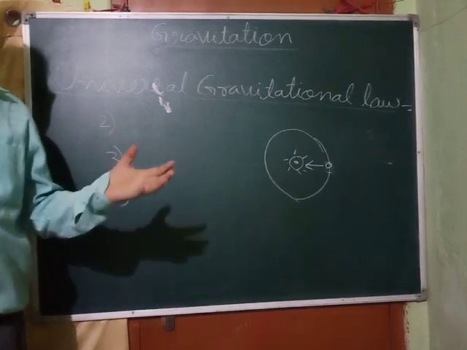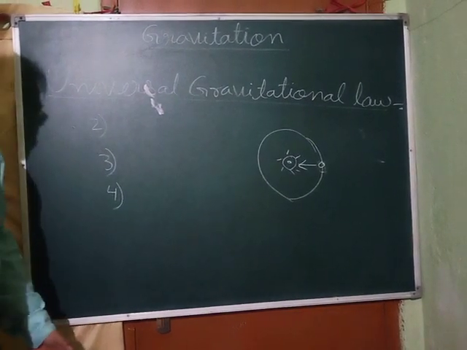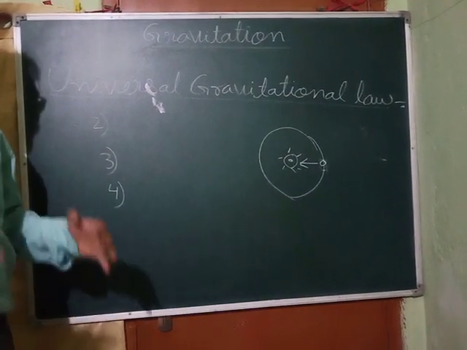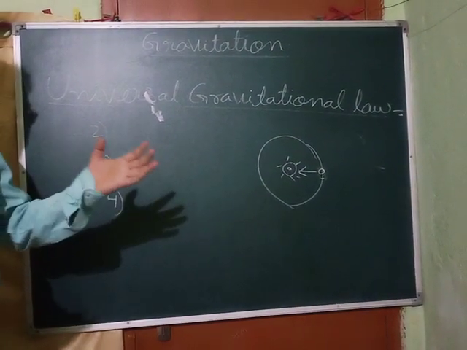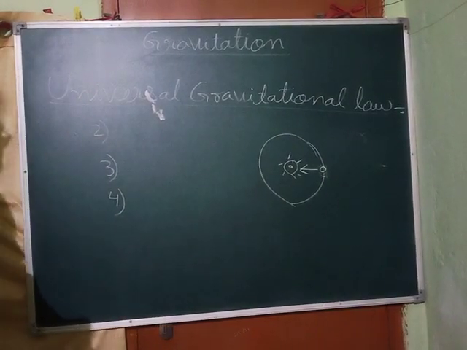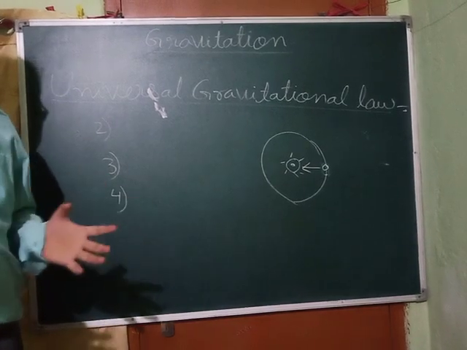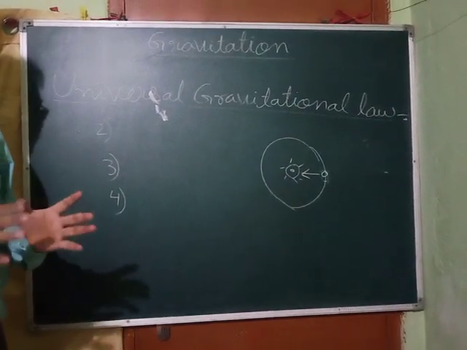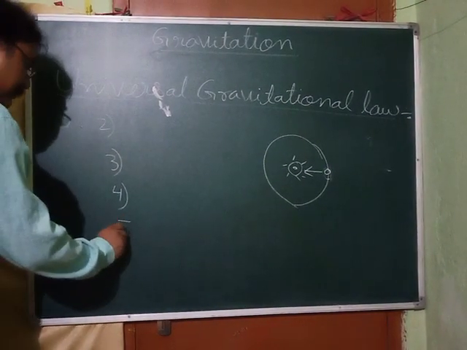The tides take place due to the gravitational force between water and the moon. High tide and low tide takes place due to gravitational force between water and moon.